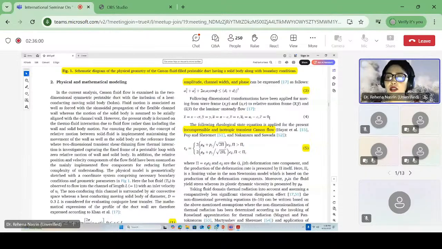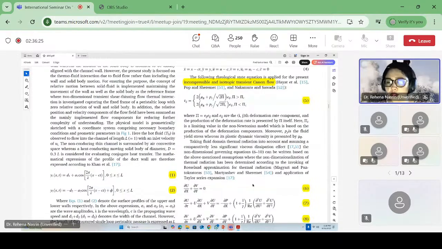Here we convert these dimensional equations into non-dimensional form. And for Casson fluid, we use equation 5. This is the well-known pattern, and many authors use this equation for analyzing the Casson fluid.